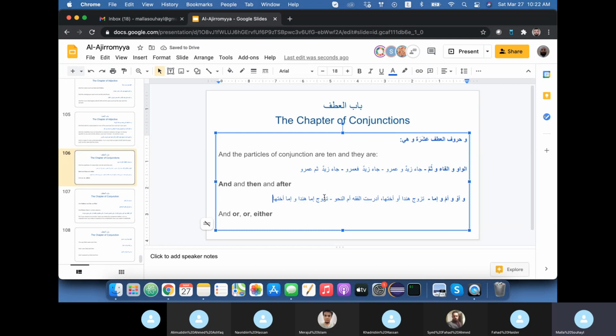Either marry Hind or her sister. So the either part is important. We're actually adding another element here. We're adding the either Hind or either her sister.